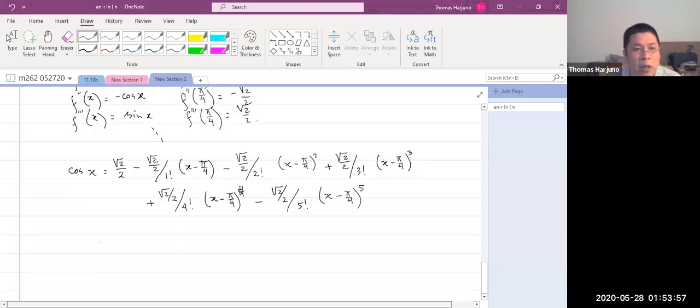Okay, now make it nicer. This is square root of 2 over 2. Let me factor that out.